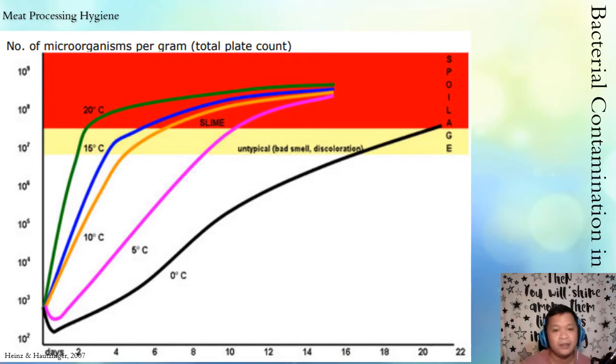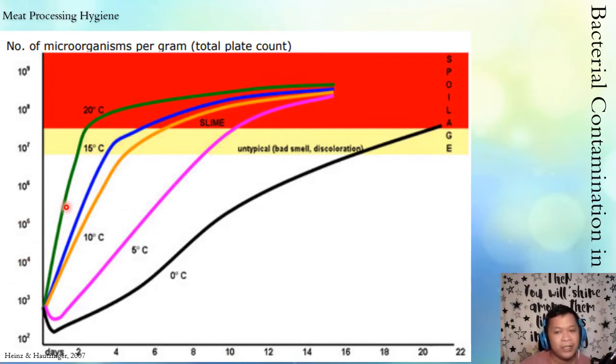Temperature is a great factor in the growth of microorganisms during storage. So in this case, as you can see here, there are two major factors determining the shelf life of raw meat in storage: the initial microbial load and the storage temperature. Take note that this is the critical region we saw in the previous slide, the 10 raised to 4 and 10 raised to 5.